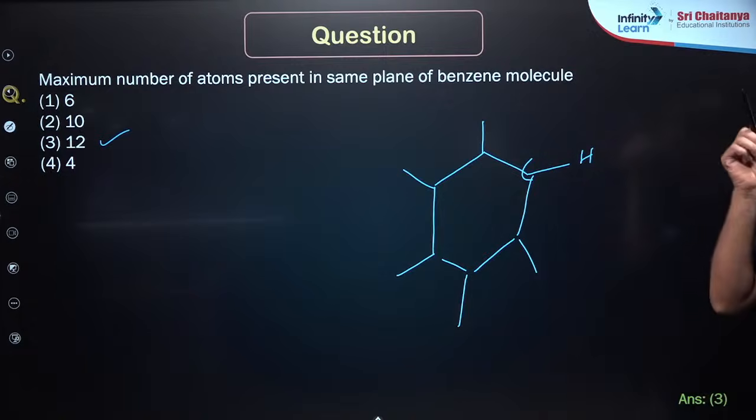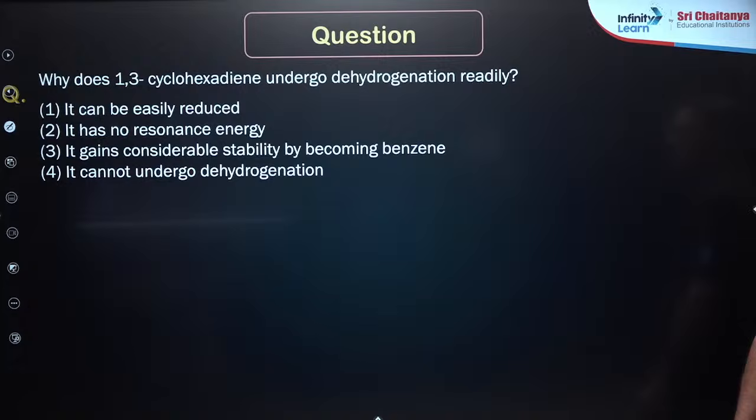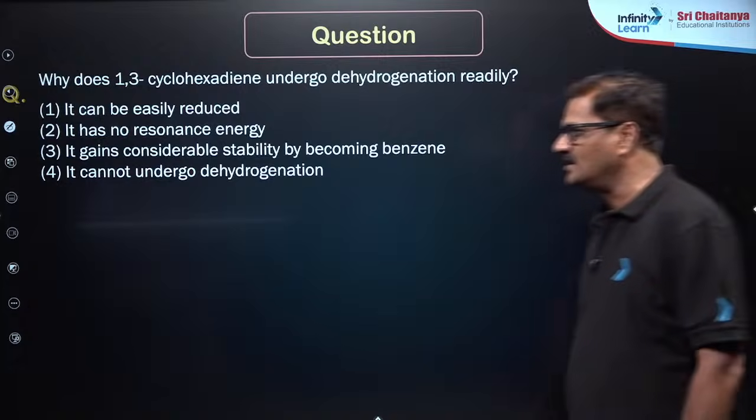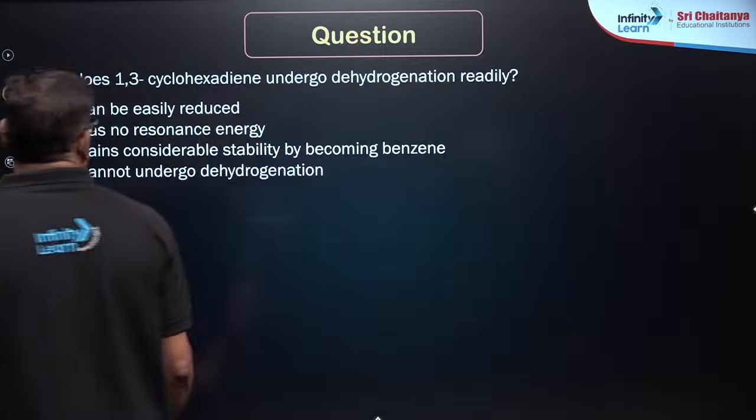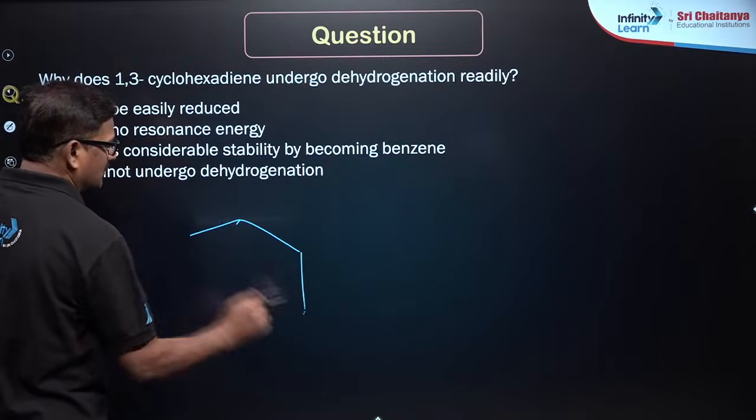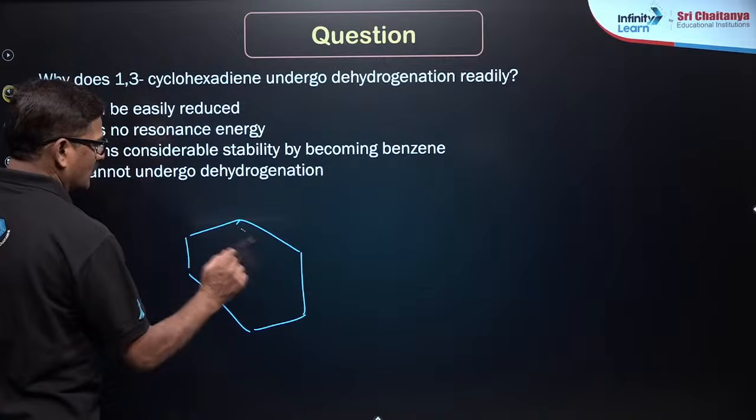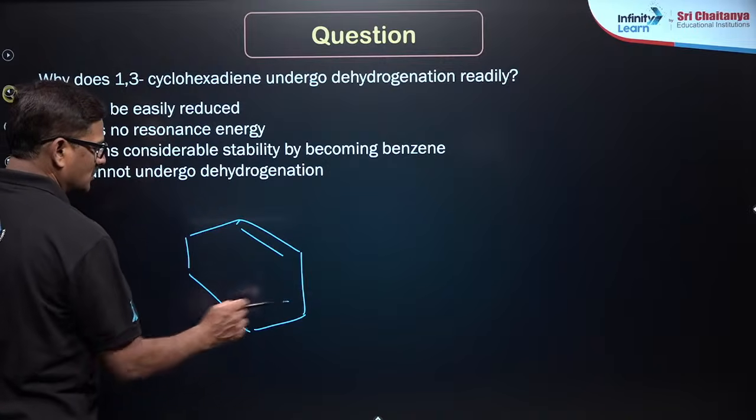Bacho, come on. And why does 1,3-cyclohexadiene undergo dehydrogenation readily? So 1,3-cyclohexadiene: 1, 2, 3.